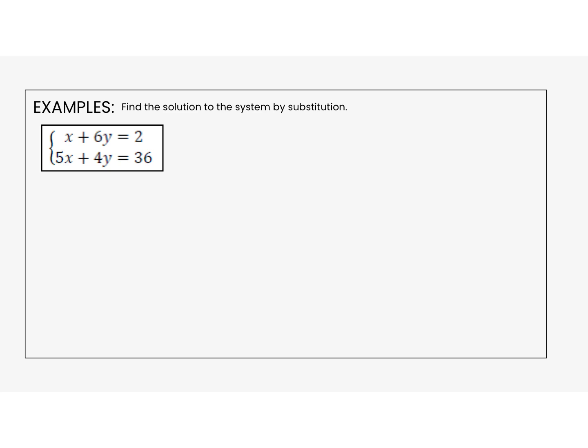Okay, so let's look at our first example. So we don't have x or y by itself, but we can take this equation and easily isolate x. So if I have x plus 6y equals 2, I can bring that 6y over, and I just get x equals negative 6y plus 2.